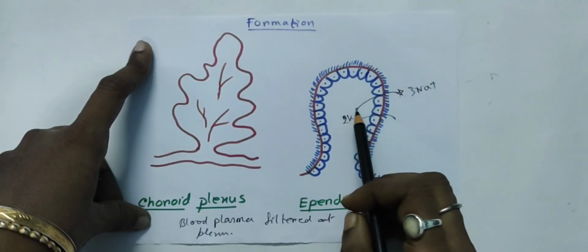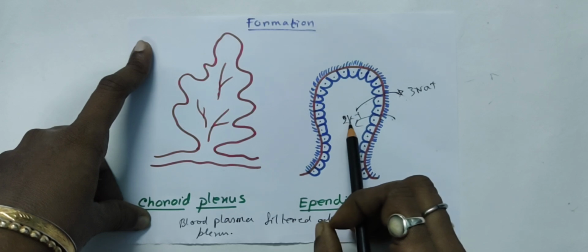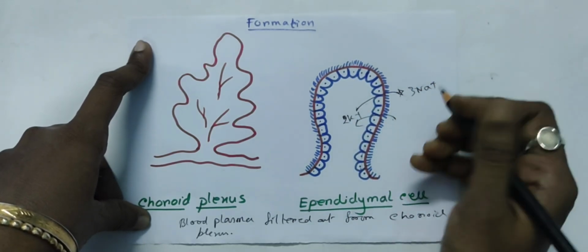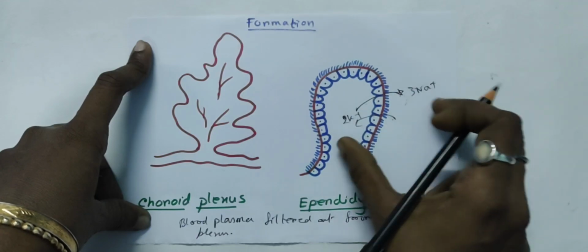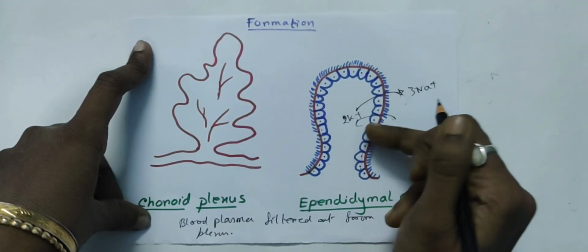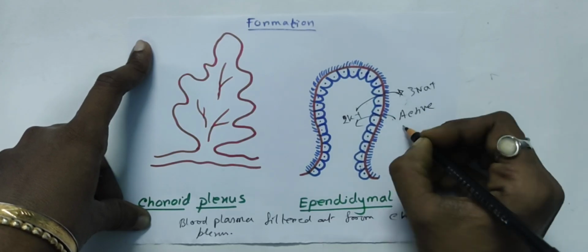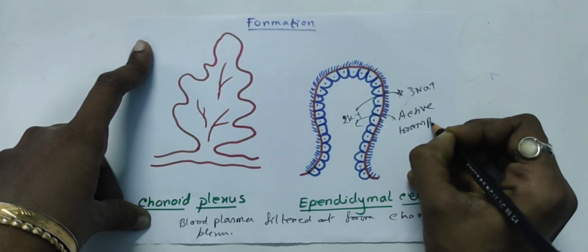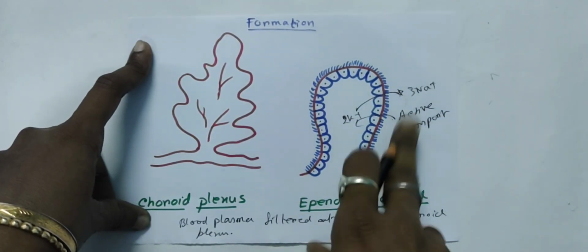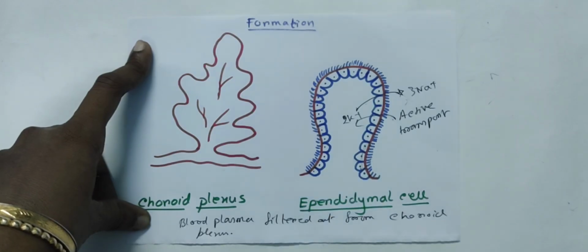So sodium ions come out, and potassium ions enter the cell, and an action potential is generated. This is what is happening here. The entering of the potassium ion and outgoing of the sodium ion is called active transport. Okay, and this incident causes the action potential.